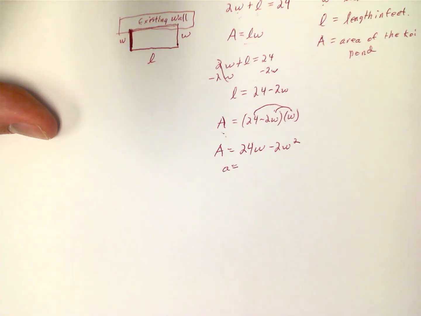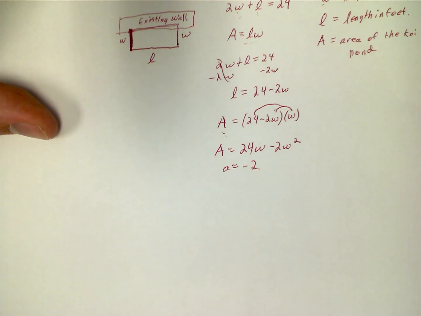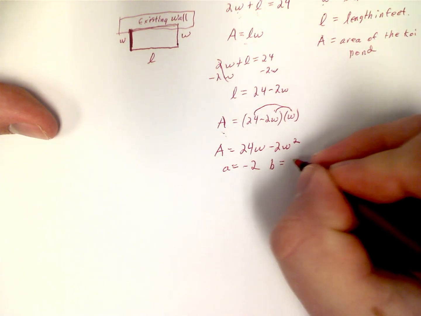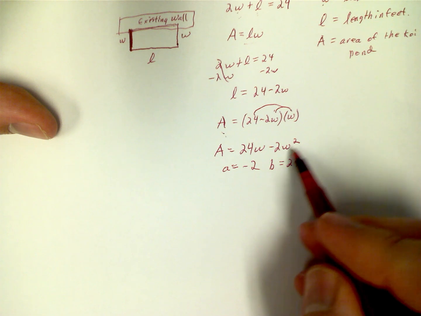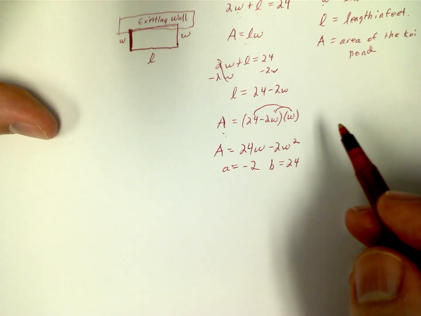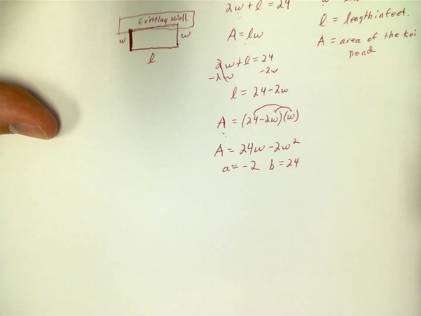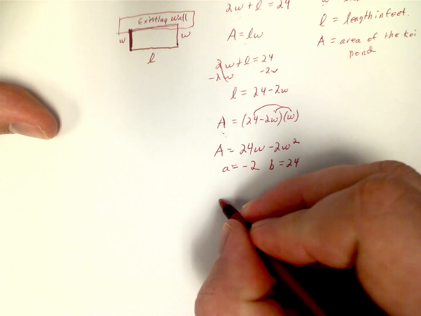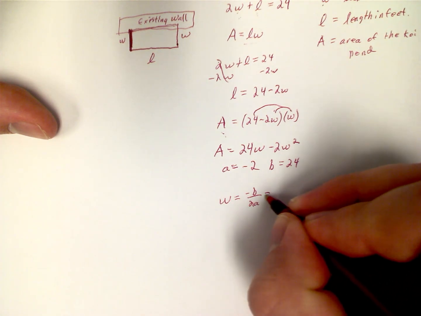A is what? It's -2. And what is B? It's 24. Remember, A is next to the squared variable, and 24 is next to the variable that does not have an exponent other than 1. So W, that's our variable, so W equals negative B over 2A.